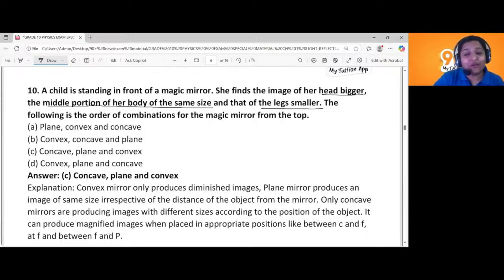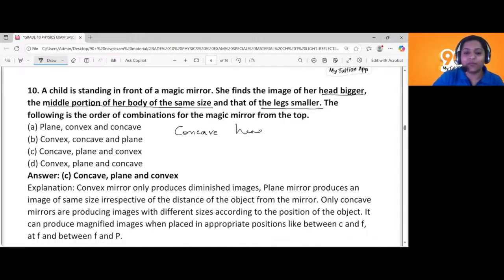Only a concave one can produce a magnified view when it is placed at certain position. So we can conclude that head is bigger means that part is made up of a concave mirror.